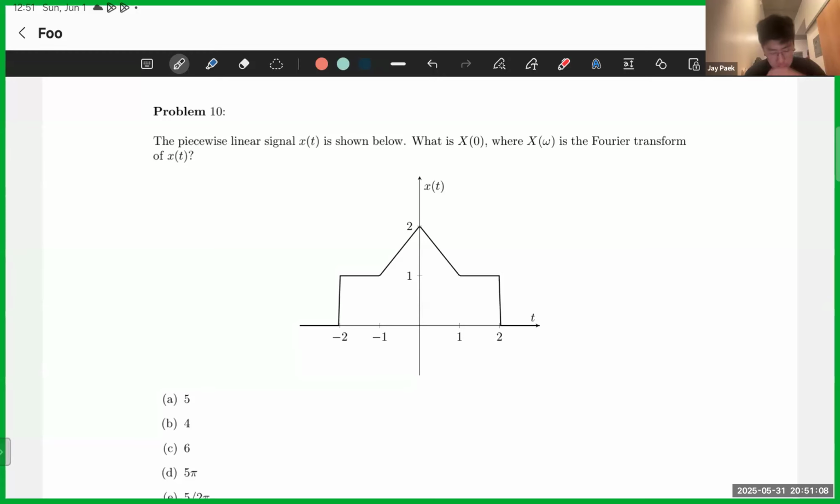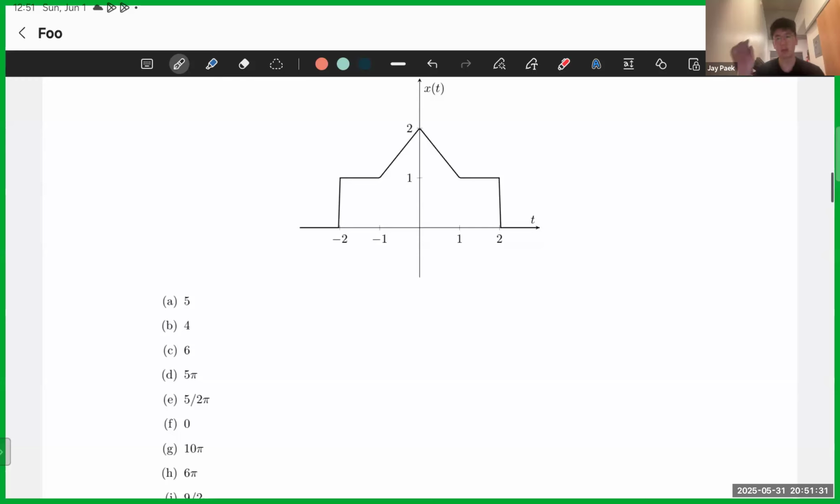Next question. The piecewise linear signal x of t is shown below. What is X of 0, where X of omega is the Fourier transform of x of t? So for this one you use, okay, well, it's called the Fourier transform version of Parseval's, but I believe it's called Plancherel in mathematical terms.